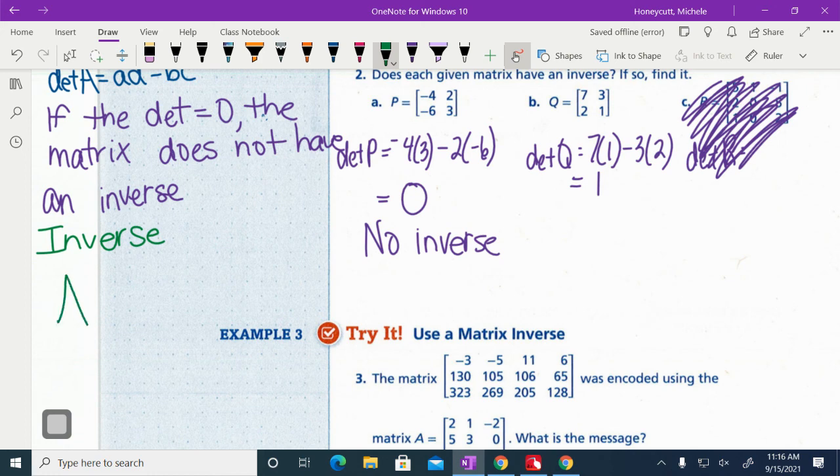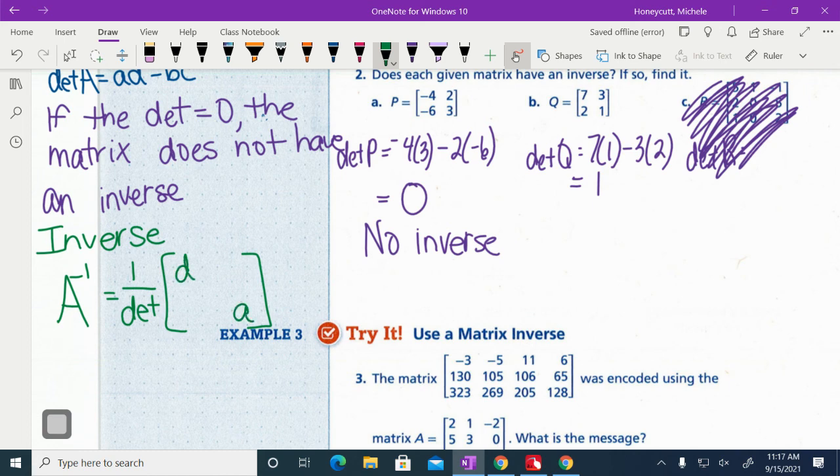The inverse notation is the same capital letter with what looks like a negative 1 exponent, but that's just notation for the inverse. You're going to take 1 over the determinant times, and then you have to do a little switcheroo of these elements.